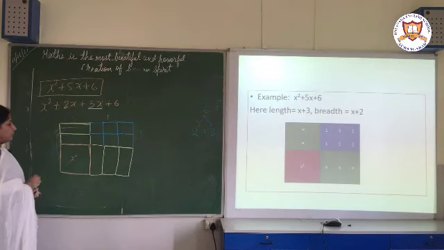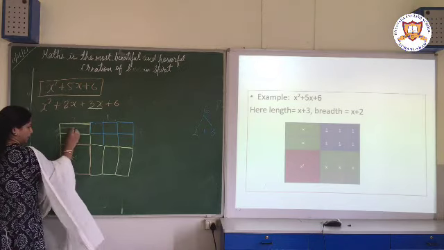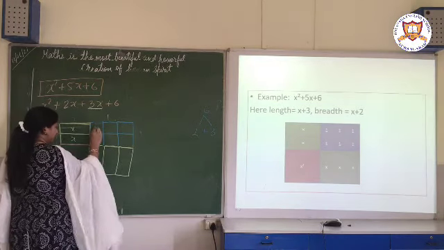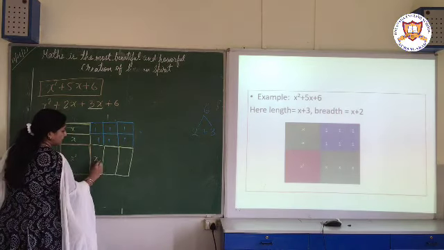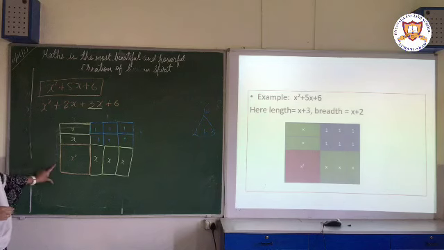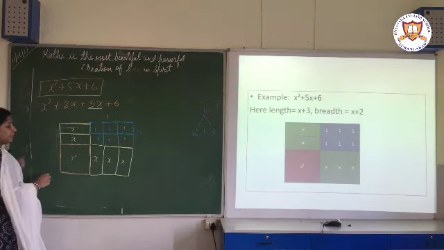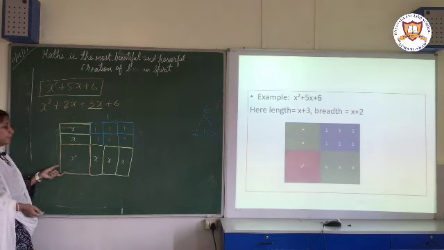So now if you see, students, this is your x, this is your 1, again this is your x, and which shape is it forming? It is forming a rectangle. We know the formula to find the area of a rectangle, that is length into breadth.